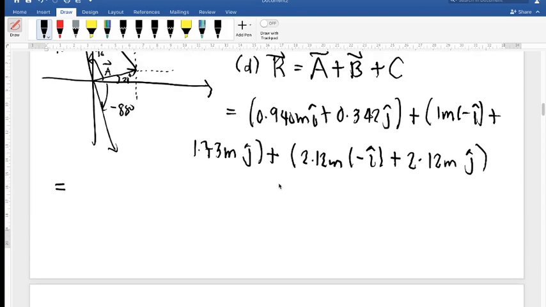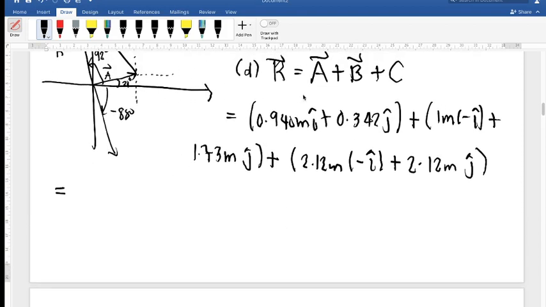You just have to add all like unit vectors. For i hat, we have 0.940 minus 1 minus 2.12, so we have negative 2.18 meters i hat. How about your j hat?